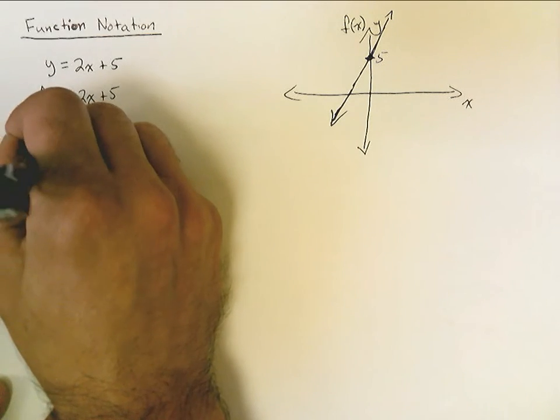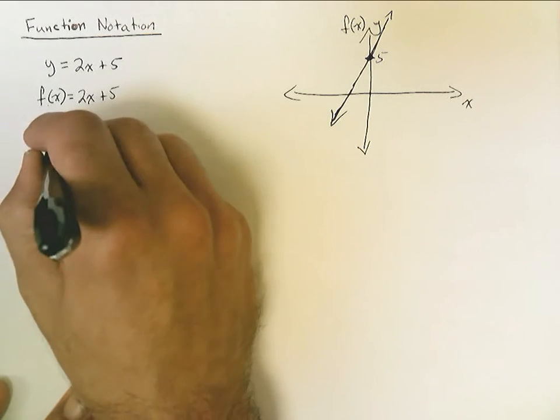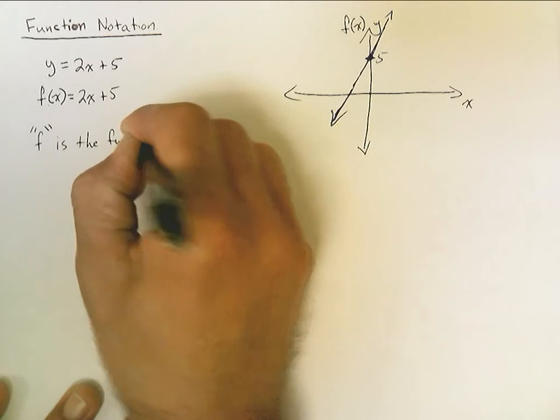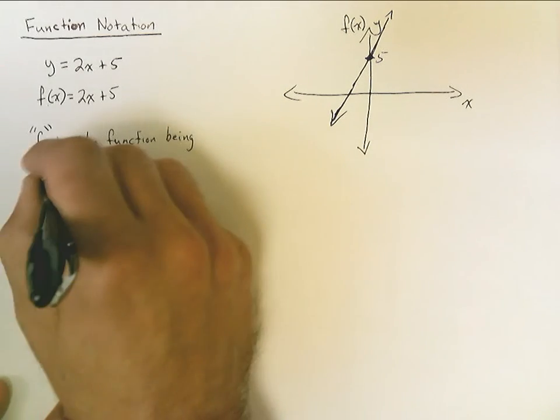So we can think of f, the name that I've given to this function. So f is the function being applied to x.